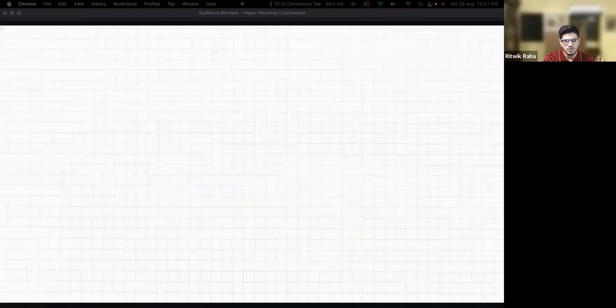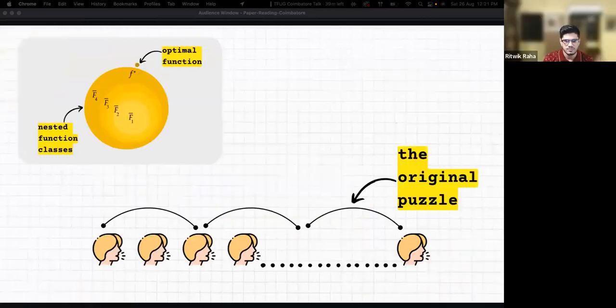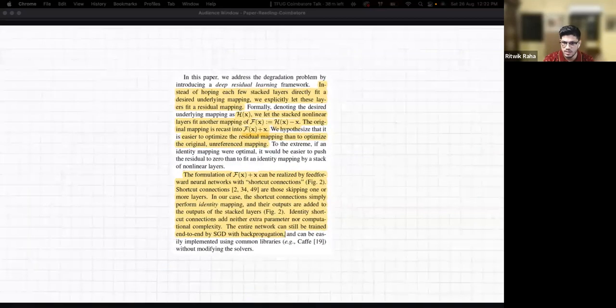Absolutely. So as I was saying, what we want to do here is just add the original information periodically to our group of friends, and that is exactly what the paper is suggesting. This is achieved using shortcut connections, which skip certain layers and add that information to later layers.